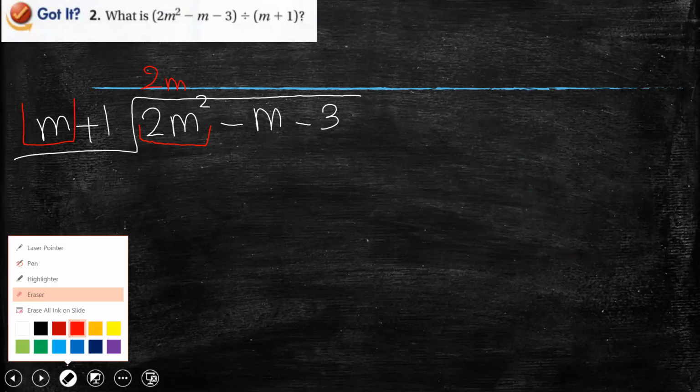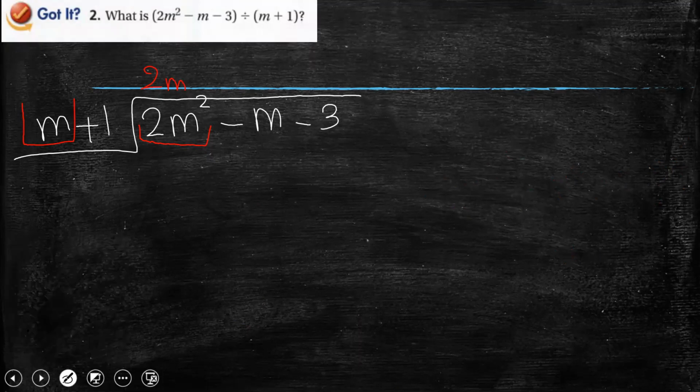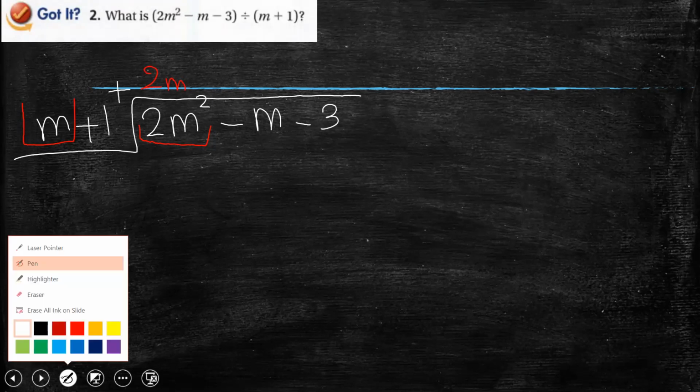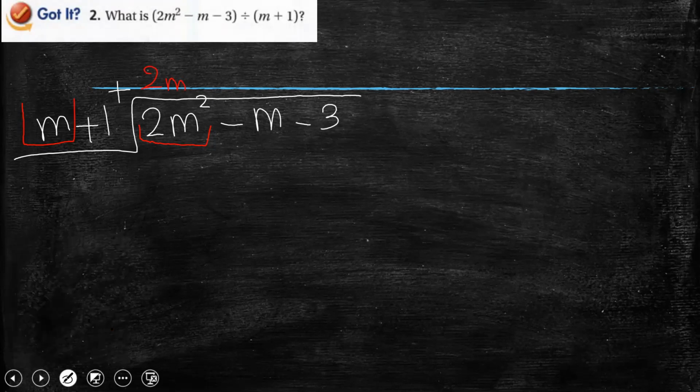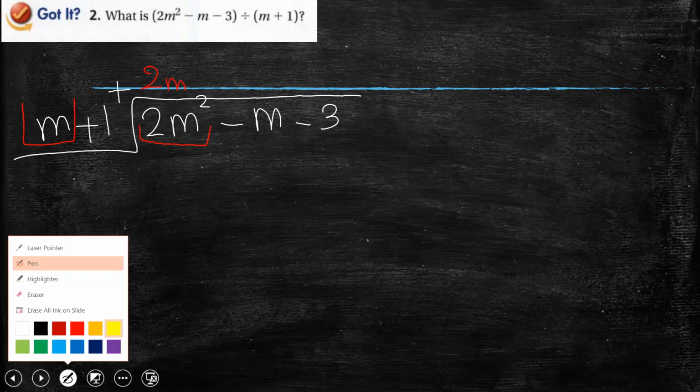Then I want now to multiply. When you multiply, you have to multiply with the whole divisor, not with the first term only.